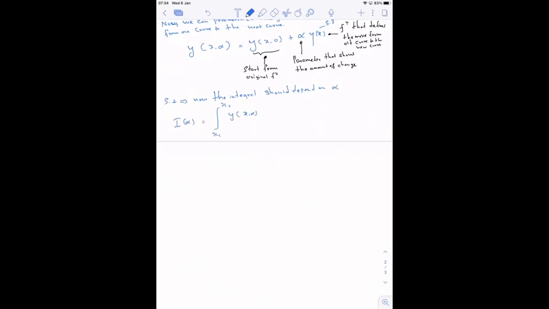So this should be f, a function of y, y dash, x and alpha, because the new function depends on x and alpha. Alpha is the parameter that defines the amount of change from the older function to the new function, right? So I hope this is clear for you now. And let me name this as 5.4.